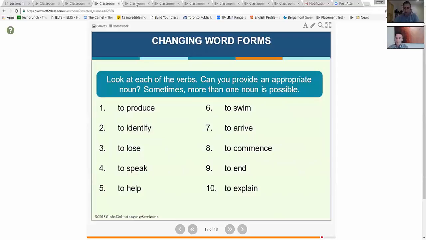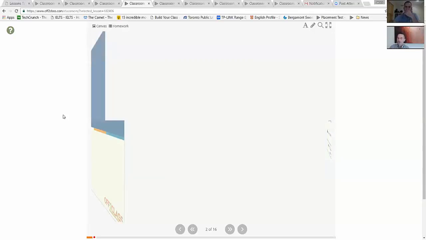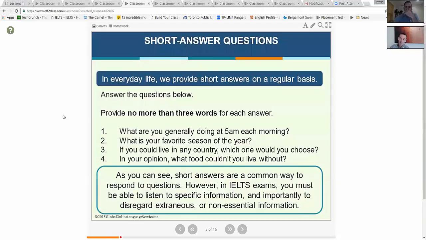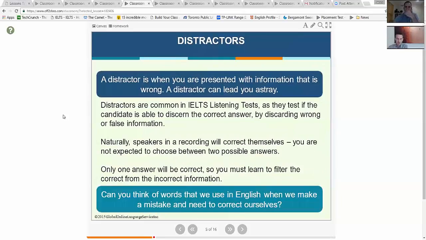Okay, so once I've moved on from forms and notes, the next one, and this is quite a common one to find in the IELTS exam, is short answer questions. So I'll go through. Short answer questions are really interesting. I enjoy teaching them as well, because when you teach short answer questions, you also want to teach distractors.